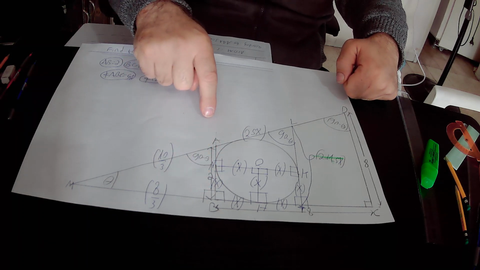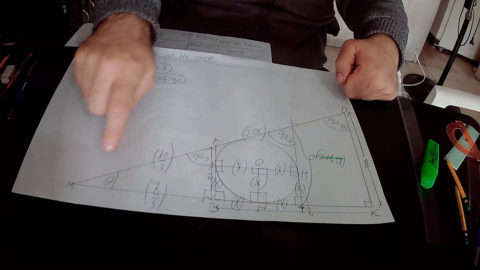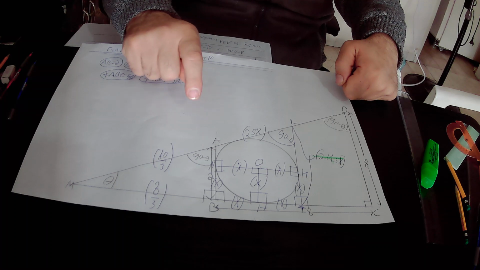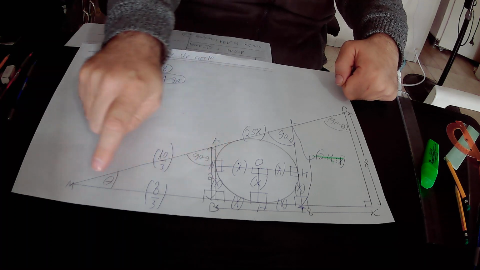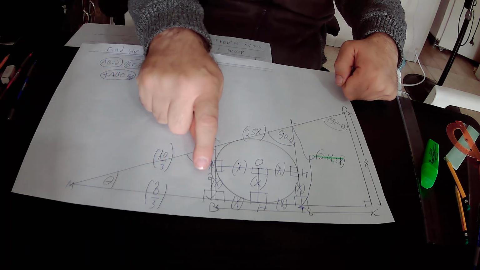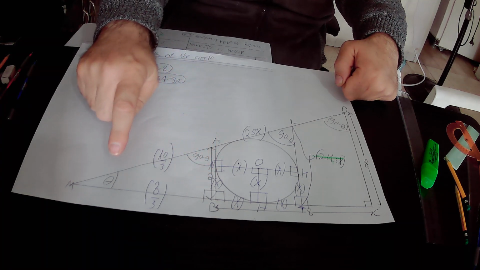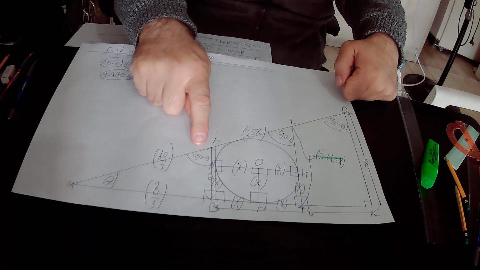And therefore, the small triangle ABM is a right triangle, because this angle equals 90 degrees. So in the small right triangle ABM, this angle equals 90 degrees. This angle equals theta, therefore the missing angle here must be equal to 90 degrees minus theta.